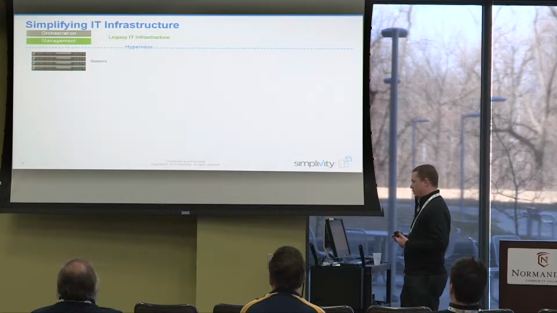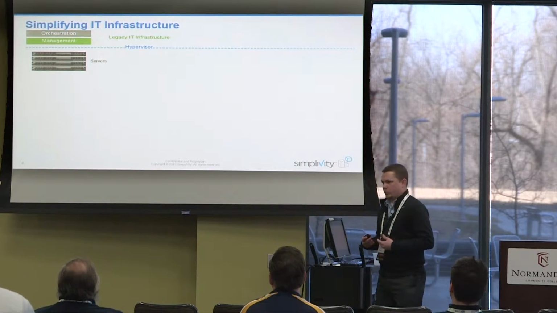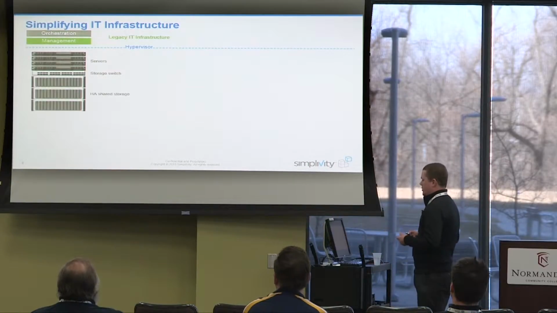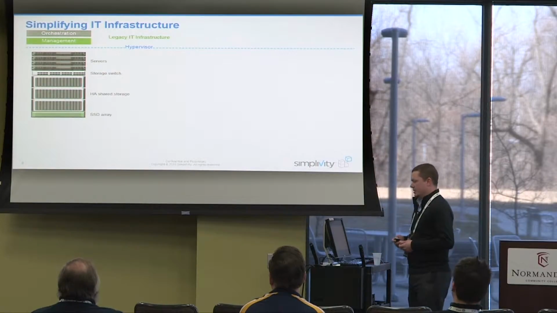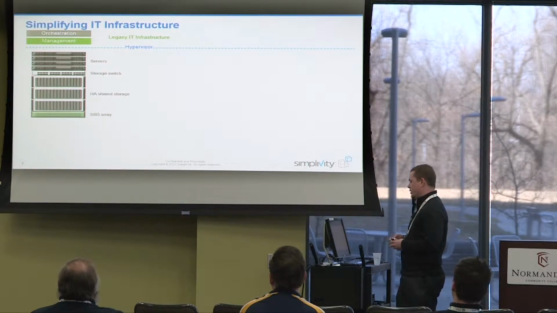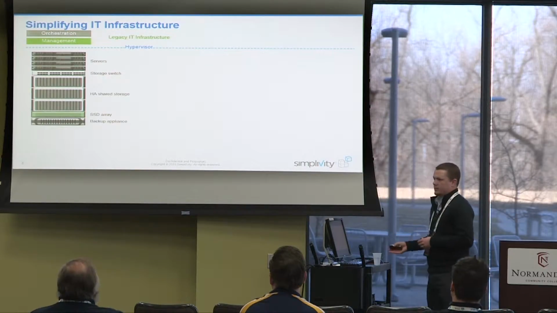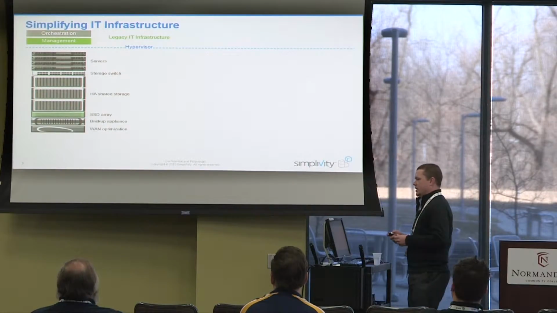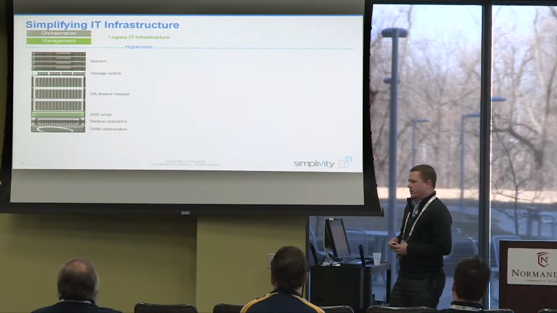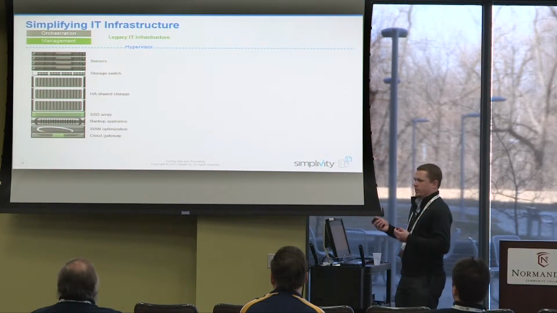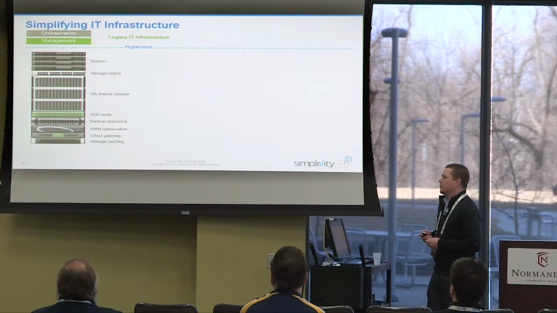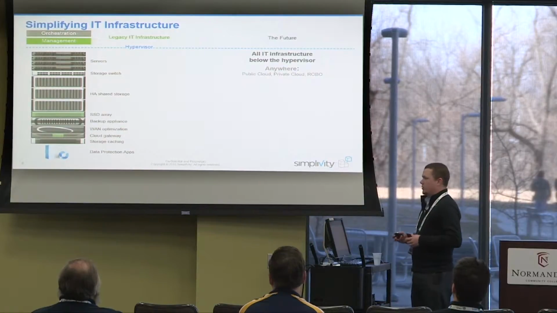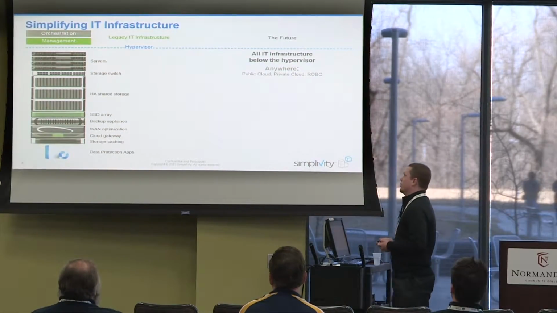What we're talking about doing to simplify the infrastructure that supports your VDI desktops is taking the servers, the storage switch, the HA shared storage, the SSD array for your Composer replicas, your backup appliance, so you can back all your servers and all your full clone desktops up, your WAN optimization if you want to move data across a WAN, a cloud gateway if you want to back up to a cloud provider, storage caching, and data protection, and move that all into one easy to deploy building block.